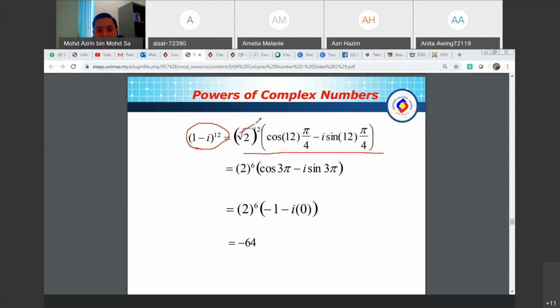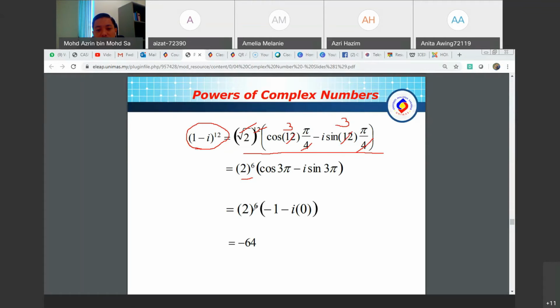Then you cancel out this into this. You get power ni 2 power of 6. This one, you get cos 3 pi minus I sin 3 pi.